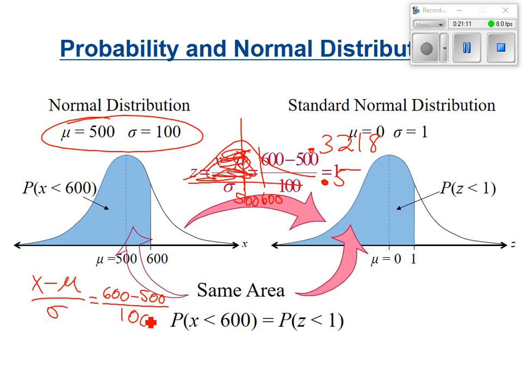They made one that was easy here. 600 minus 500 is 100. 100 divided by 100 is just 1. So that means our z-score for 600, the number that we're looking at, is just 1. So we could punch that into our calculator and just use a z-score of 1. That's changing it from the normal distribution to the standard normal distribution.